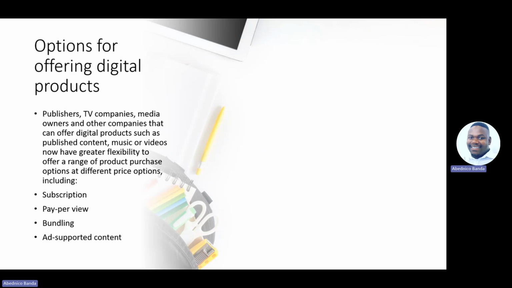Then we also have bundling, whereby, for example, with DSTV, you would put a certain number of channels together, then it becomes a product bundle. We know that DSTV has got bundles. You've got DSTV Easy, DSTV Access, DSTV Family, DSTV Premium. They are just bundling channels together to make it a product.